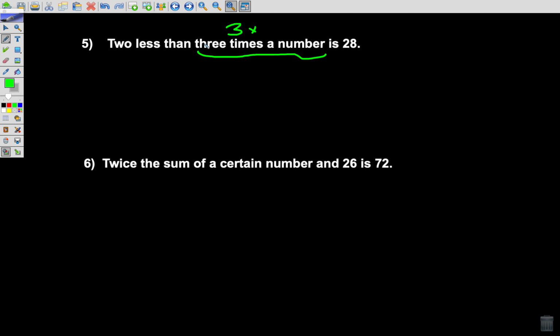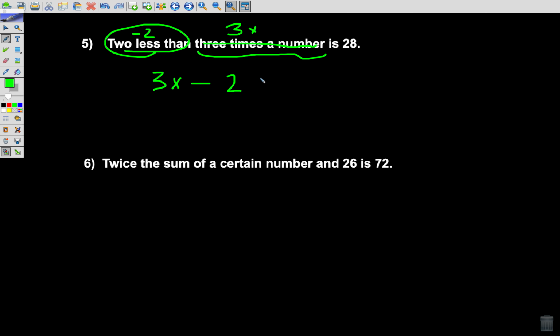So we've crossed out "3 times a number" and made it 3x. 2 less than that means I'm taking it away, so I always say that's minus 2 of 3x.